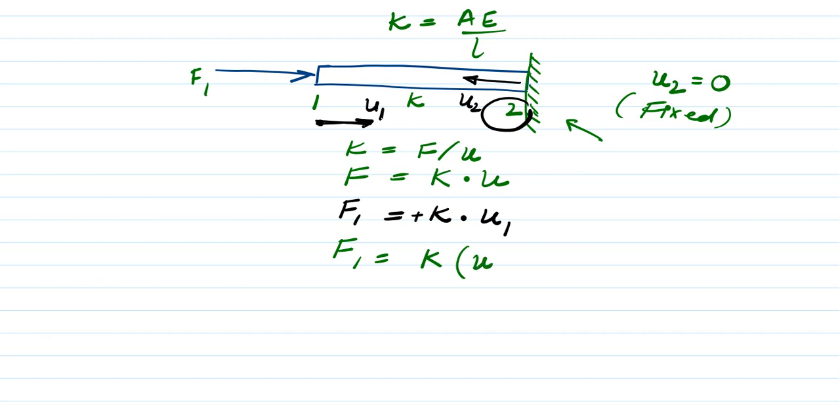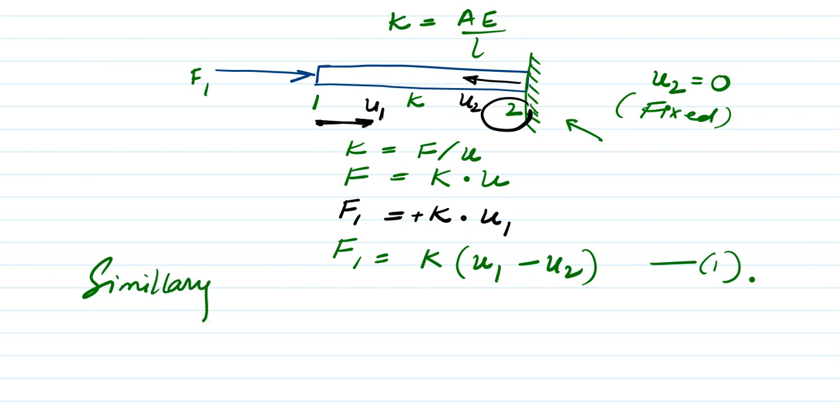U1 minus U2 is the displacement, because U2 is deforming in the opposite direction due to the resultant forces. Let us call this equation 1. I hope you understand why there is this minus sign: because it is in the opposite direction. Similarly, we can do the same for the other condition.